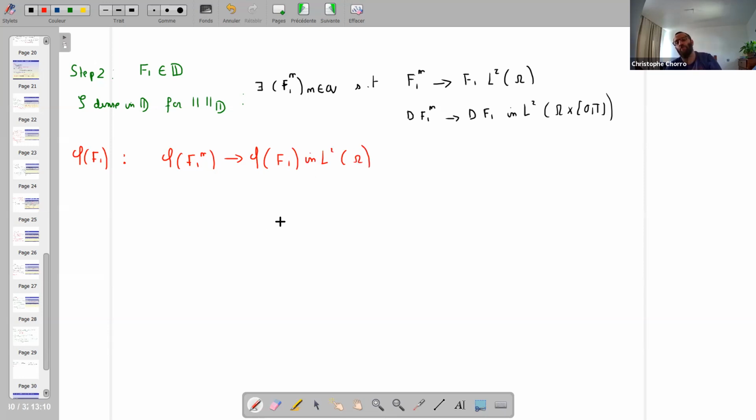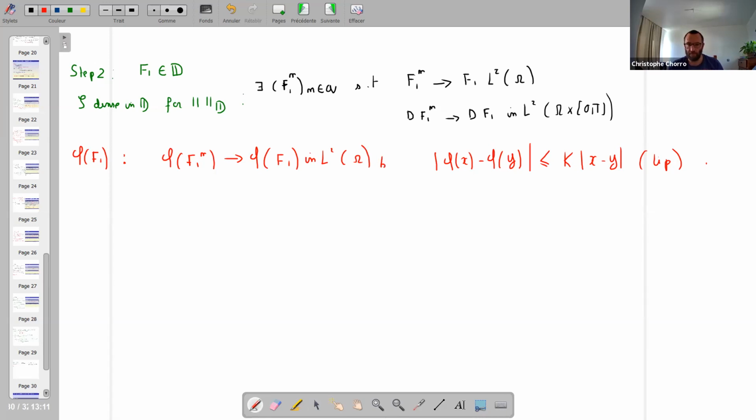So why do I have this? Be careful, the convergence in L2 is not stable in general by continuous mapping. But here, keep in mind that my phi is Lipschitz. And so from the convergence of F1n toward F1 in L2, since I have the Lipschitz property, I can deduce the convergence of phi of F1n toward phi of F1 in L2 just using this inequality.